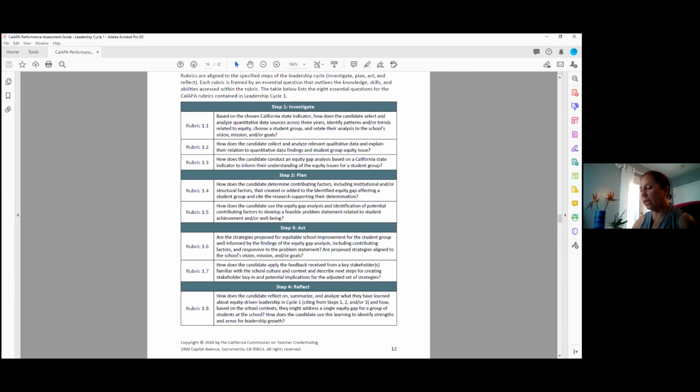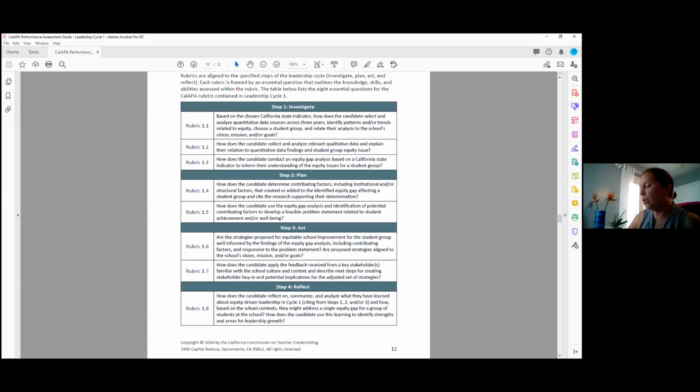The second rubric that we use to look at their planning capacity is rubric 1.5. In this rubric, we're looking at how the candidate is able to use the equity gap analysis and identification of potential contributing factors to develop a feasible problem statement related to student achievement, and again, remember, and/or well-being. It can be either achievement or well-being.